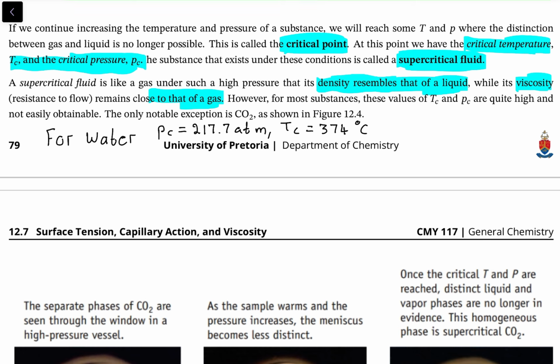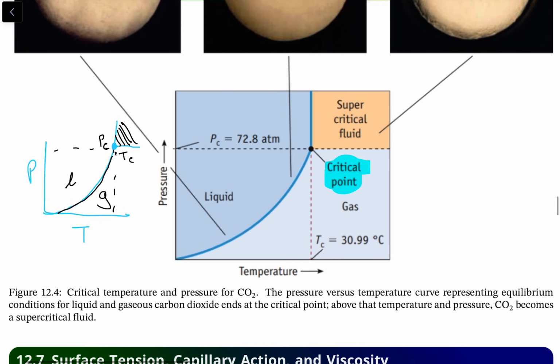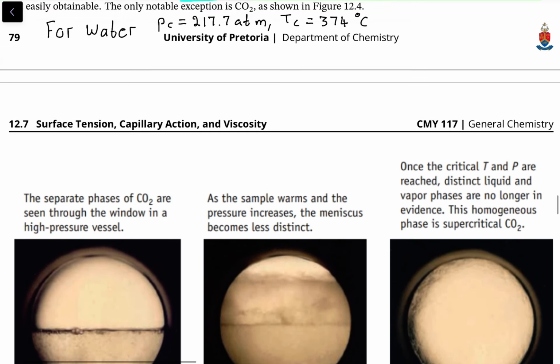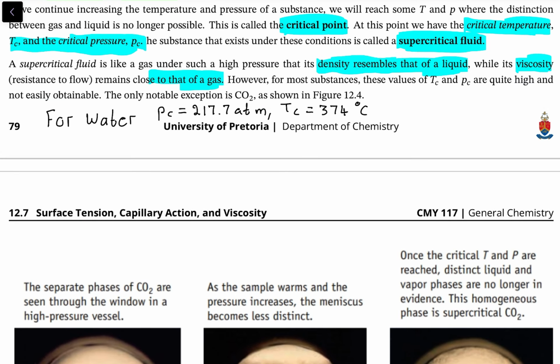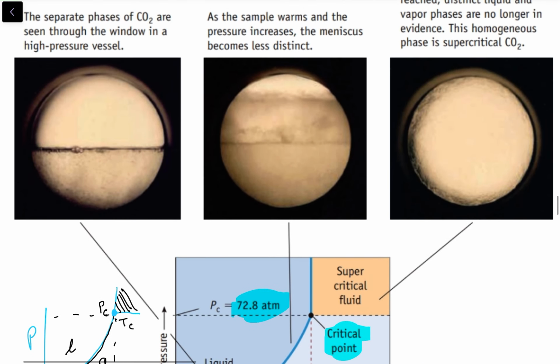CO2 is widely available. It's non-toxic, non-flammable, inexpensive, and easy to reach its critical constants, at 31 degrees Celsius and a relatively low pressure compared to, for example, what water had. That's quite intense to reach.